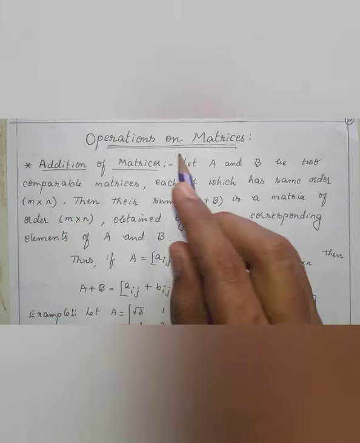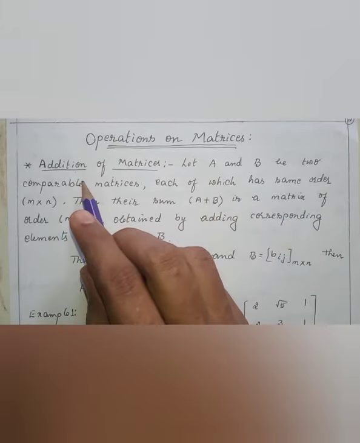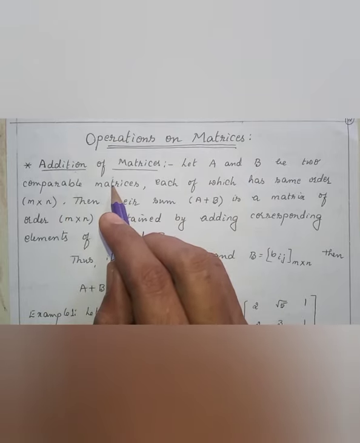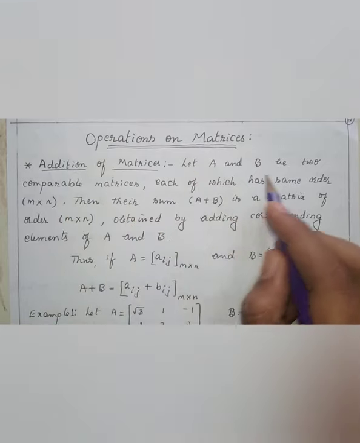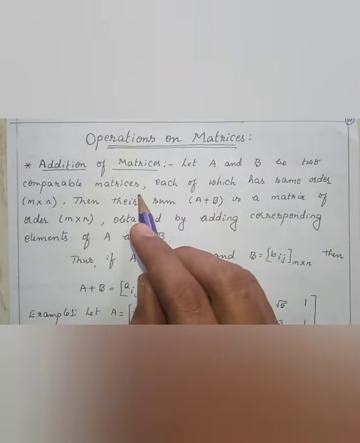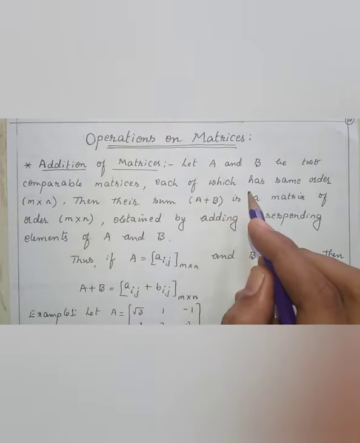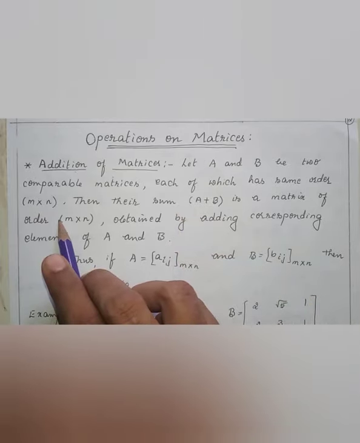In operations on matrices, first we discuss the addition of matrices. Let A and B be two comparable matrices, each of which has the same order m by n.